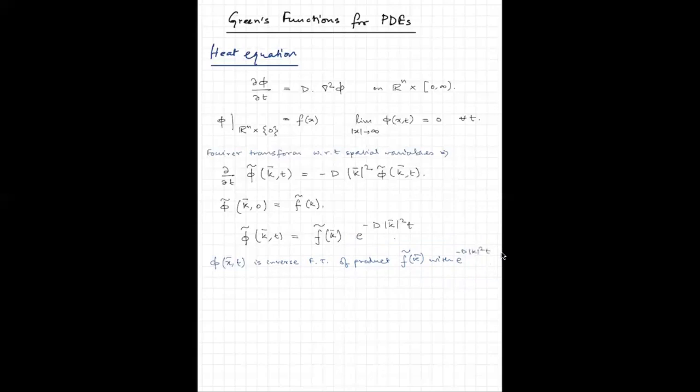So now what I'm saying is the convolution theorem says that this is going to be the convolution of the initial data with the inverse Fourier transform of the Gaussian, right? So let's do this. f of x is the inverse Fourier transform of f tilde, and there's also the inverse Fourier transform of the Gaussian. So remember that this is going to be of a form like this.